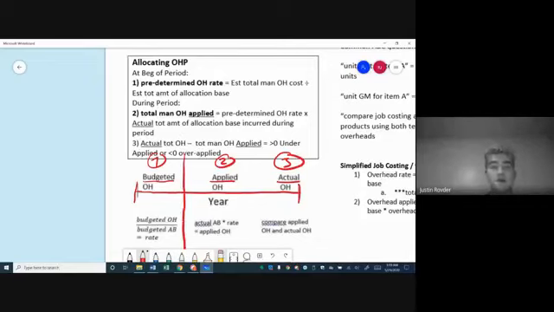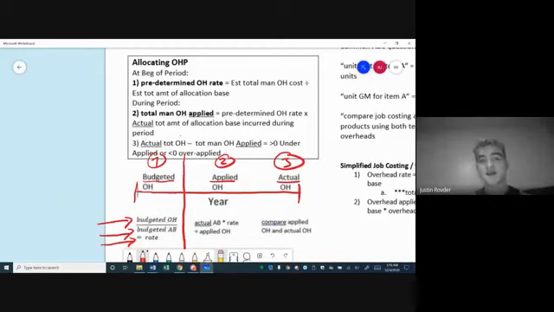Now, the first step takes place at the very beginning of the year, before the year even started. In this step, we're going to be looking at the budgeted overhead. We're going to take the budgeted overhead, which is what we expect or estimate the overhead to be, and divide that by the budgeted or estimated allocation base. Once we do that, that's going to give us a rate.